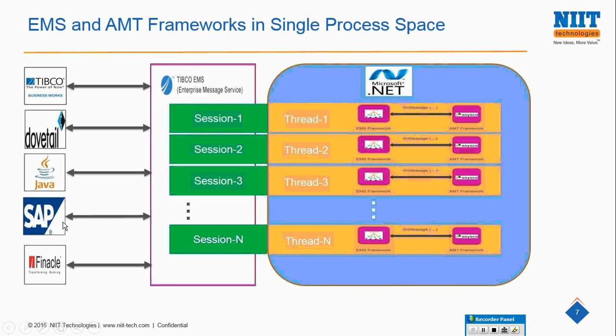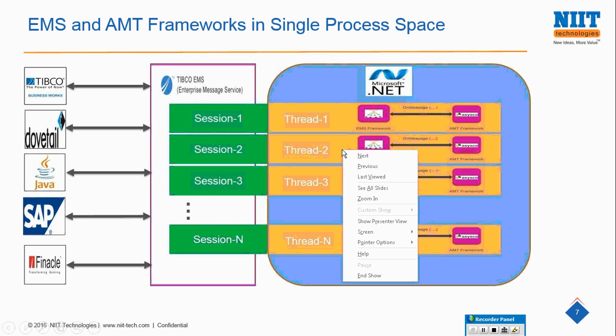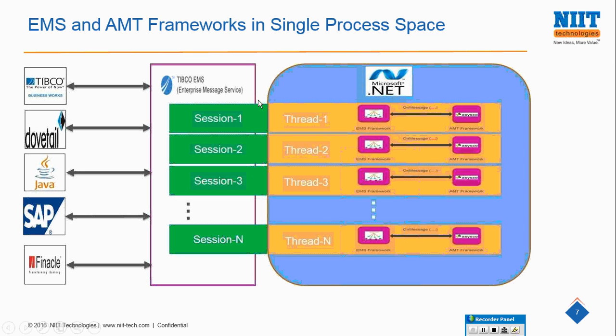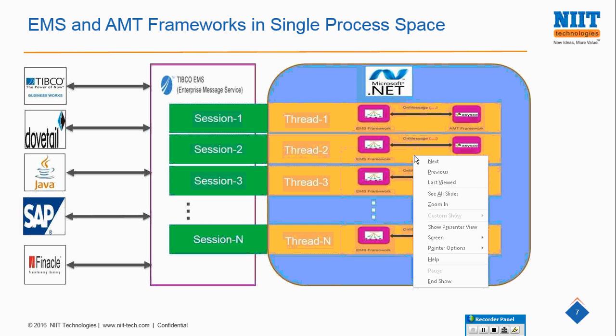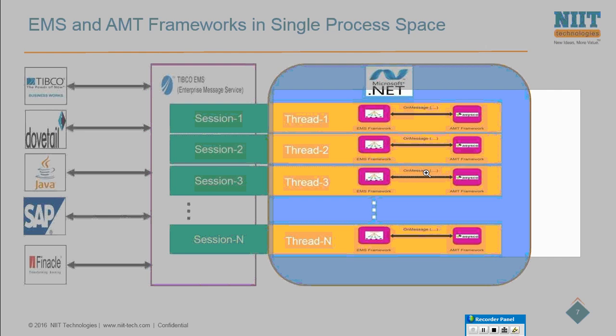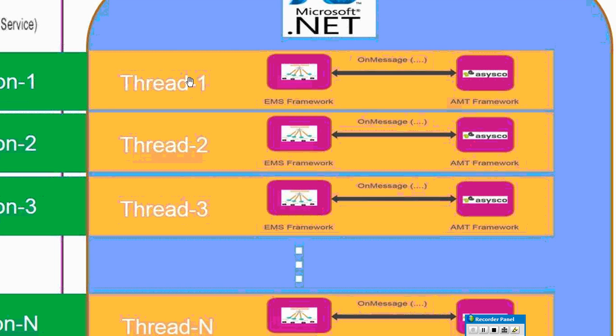This is our end, desired situation. There are a number of clients, EMS producers or requesters, and this is your consumer. Every consumer on .NET has its own session and thread, and there is a call from the EMS framework to the AMP framework within one thread.